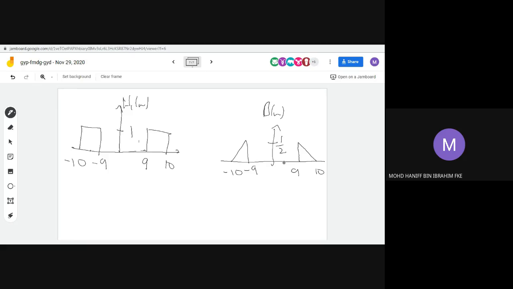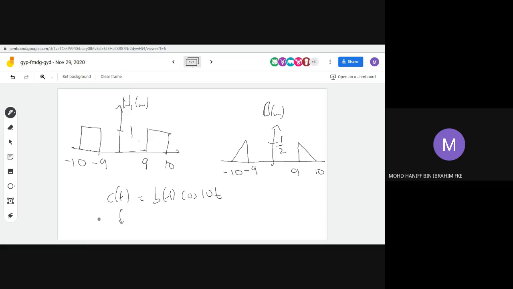Hopefully it's clear. Then if you refer back to the question, we have a relationship between c(t) and b(t), in which c(t) equals b(t) multiplied with the cosine of 10t.